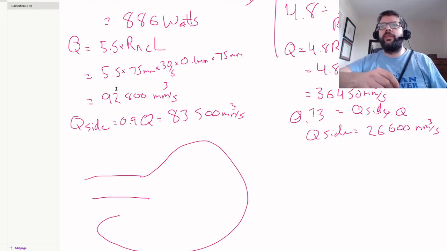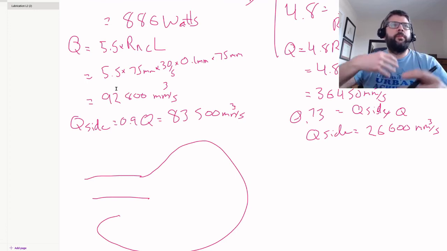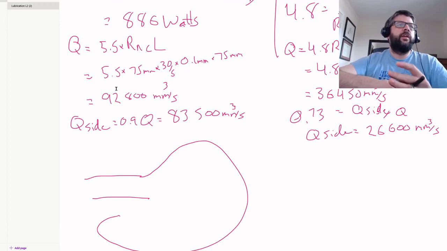So that cooling that's required, we know how much heat's generated.